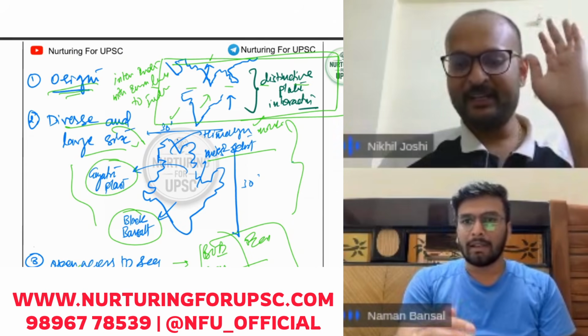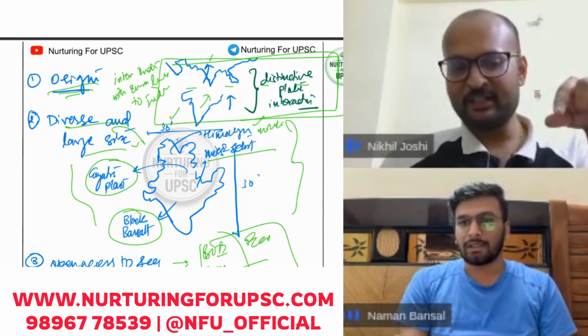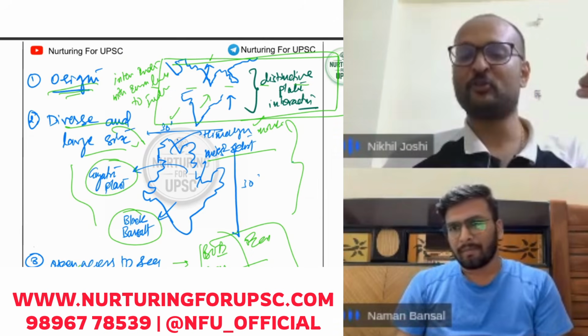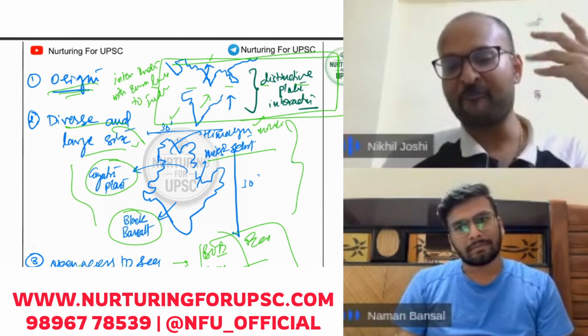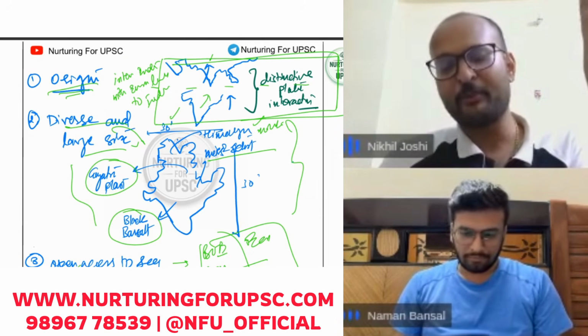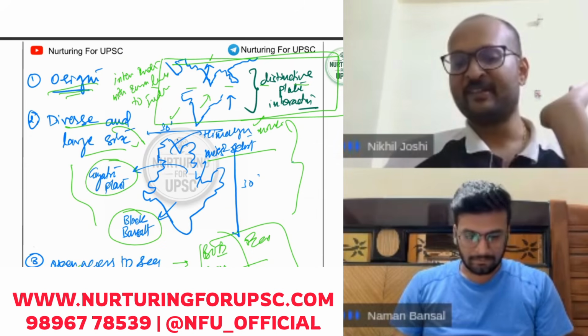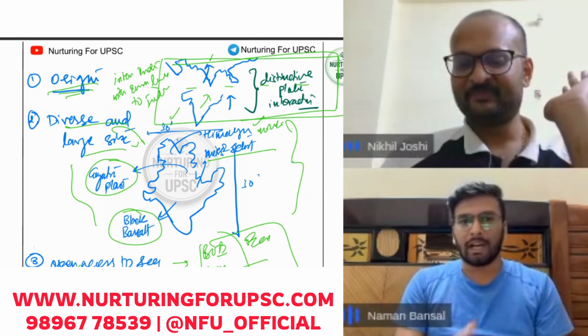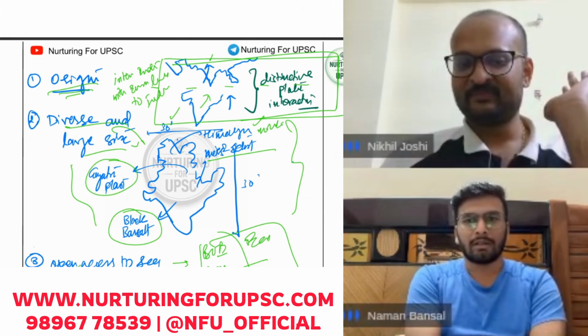These things we do in other areas also. Arguments based on maps. I wanted to showcase as many arguments as I can write with the help of diagrams. I hope everybody is able to understand the arguments and the value addition part, right?